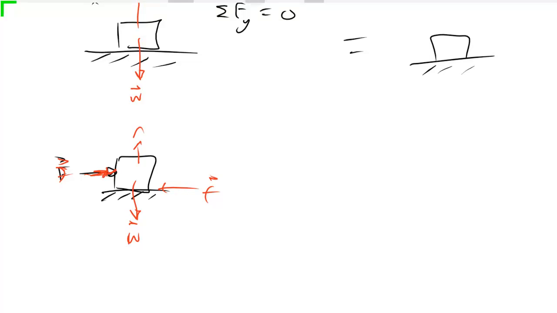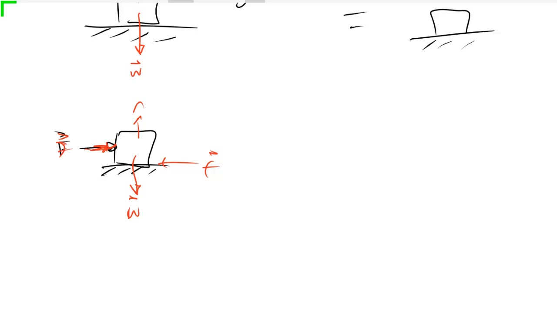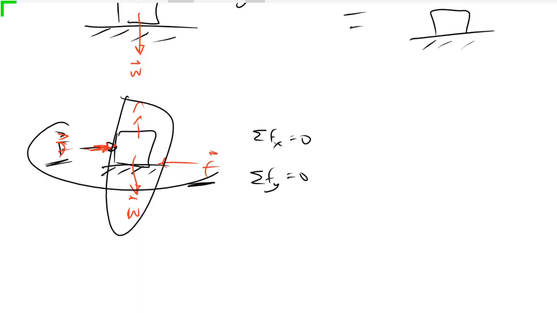With the x direction, if the magnitude of this force F is equal to the magnitude of the frictional force, we would have the sum of the forces in the x direction equal to 0. We also have the sum of forces in the y direction equal to 0 if these two are the same magnitude, and these two are the same magnitude. And then this would be equivalent to this box just sitting here with no forces acting on it whatsoever.